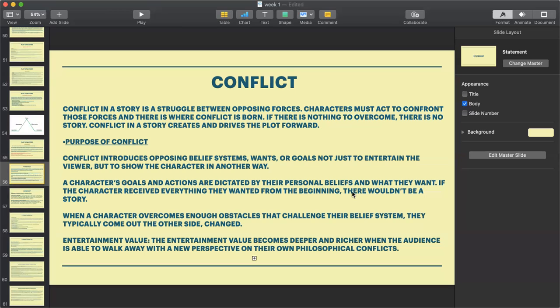When a character overcomes enough obstacles that challenge their belief system, they typically come out of the other side changed. So the character evolves. Like in the character discussion we have discussed, how the character is developing in a story. Maybe a character is very weak at the beginning, but the more challenges you are giving him, the more conflict you are creating in the story, the character is becoming stronger and stronger.